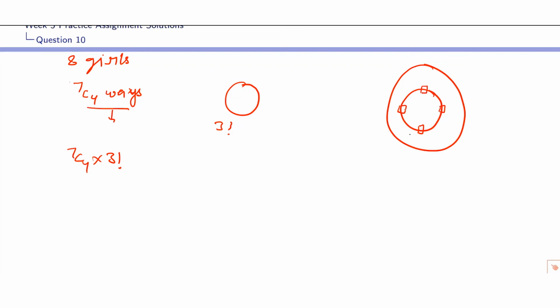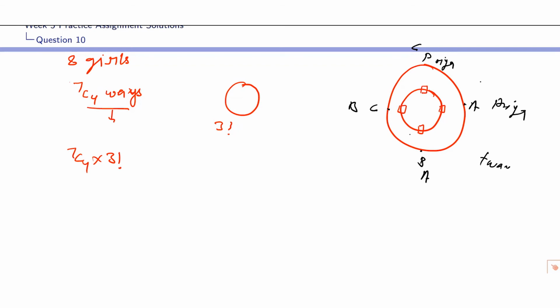Now if 4 girls sit in that way, let's say the 4 girls are namely Priya, A, B and C. If Priya decides to sit here, then A, B and C in this order and in the next arrangement will be considered as two different ways, because now their relative position with respect to the inner circle has changed.